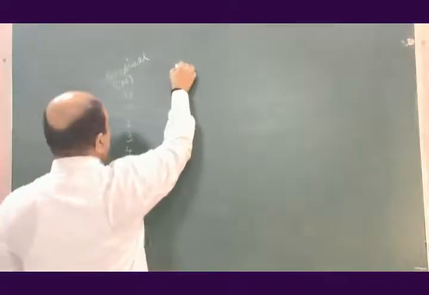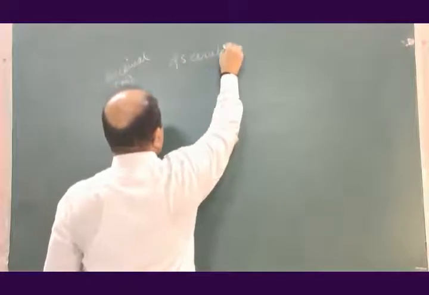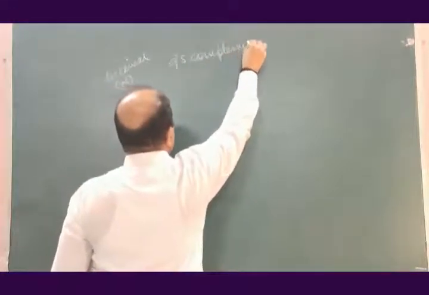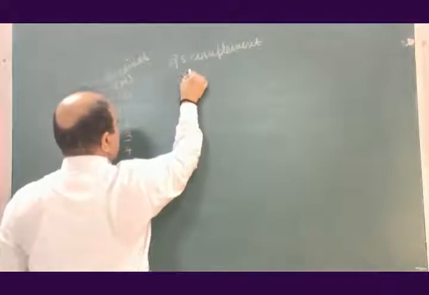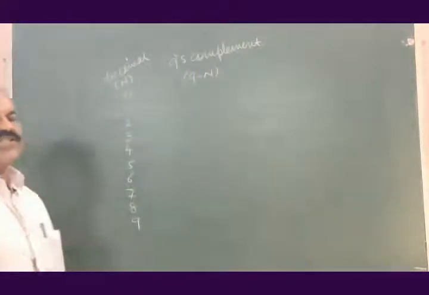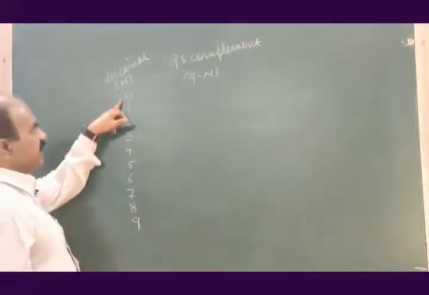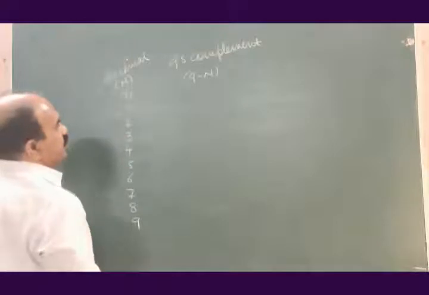The 9's complement of this is always given as 9 minus n. What is n here? 0.